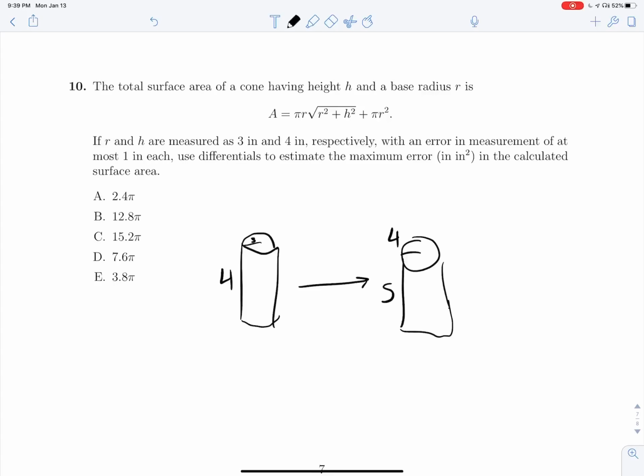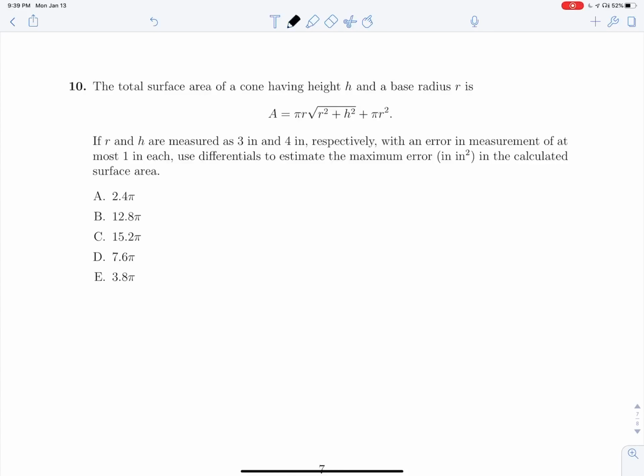That's going to give us a much bigger error than going back the other way. And so you could just go in and plug 4 and 5 in and then subtract out plugging 3 and 4 in, but we'll do the actual differential stuff.